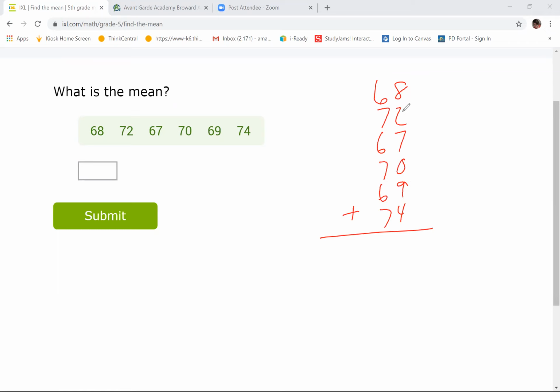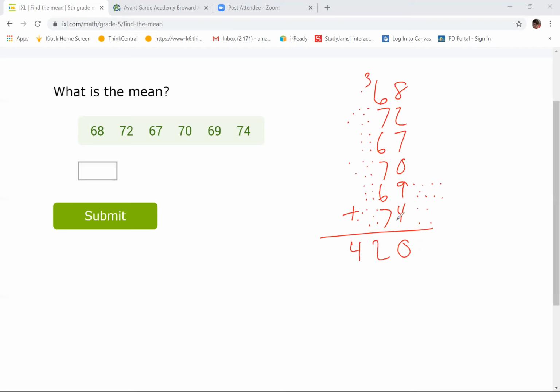Okay. 8 plus 2 is 10. Plus 7 is 17. 17, 18, 19, 20, 21, 22, 23, 24, 25, 26, 27, 28, 29, 30. 6, 7, 8, 9, 10, up through 35. 36, 37, 38, 39, 40, 41, 42.